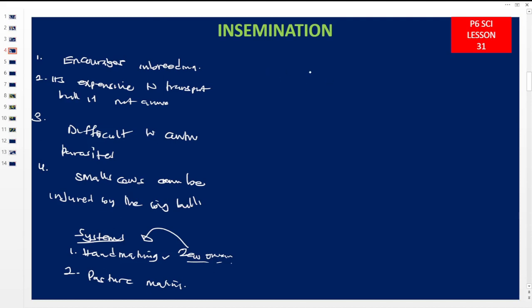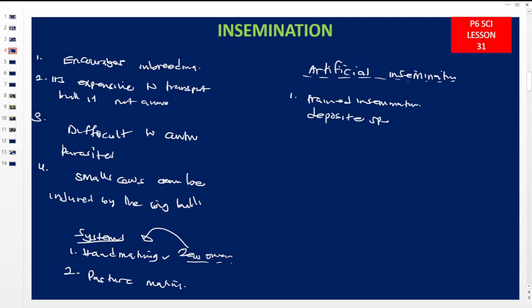Okay, from there, let us go and see artificial insemination. This is a method where we get a trained inseminator, who has to deposit sperms into the vagina, but not using his penis. He has to use a syringe.